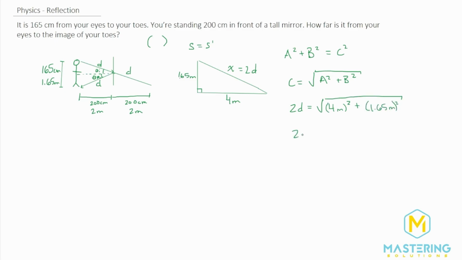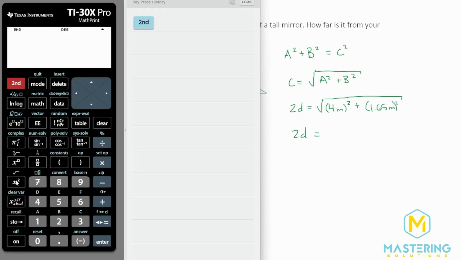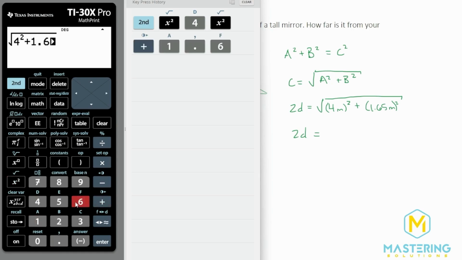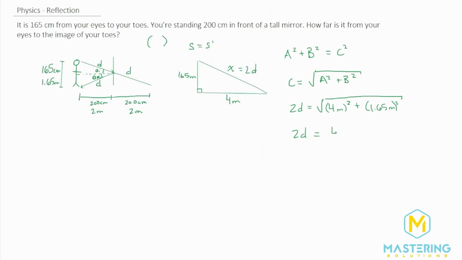And so 2D is equal to the square root of 4 squared plus 1.65 squared. And so that gives us 4.32, and we can round that to 4.33.